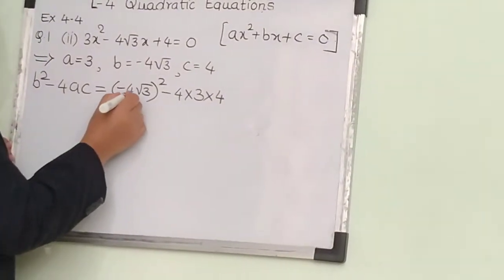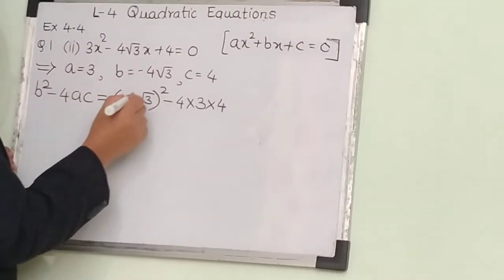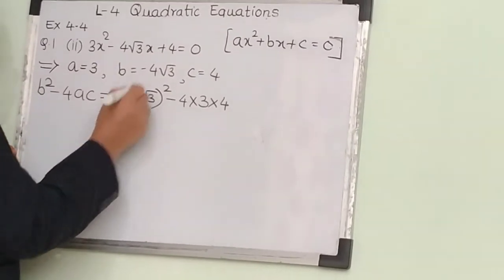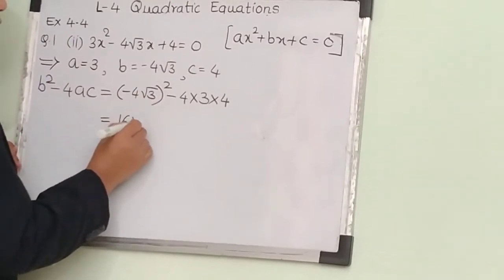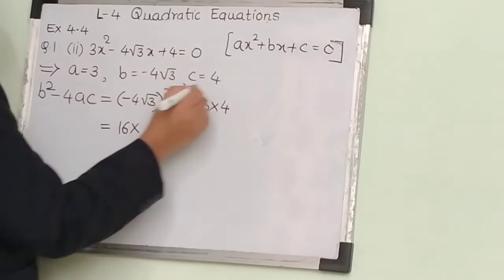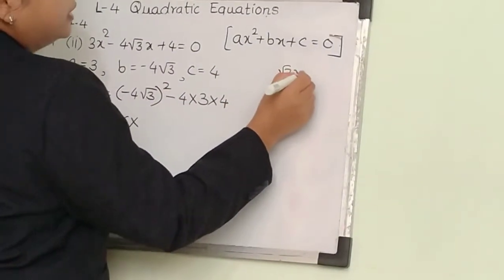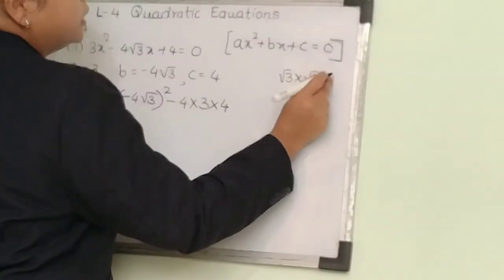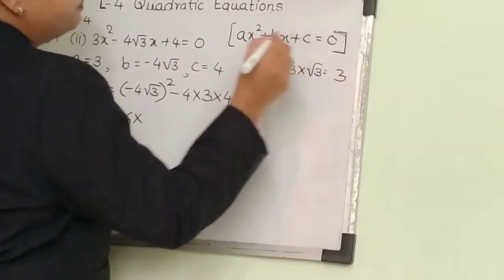Now here my negative number squared is also positive. So 4 square we can write as 16 into root 3 square. It means root 3 into root 3, so root 3 into root 3 will come 3.